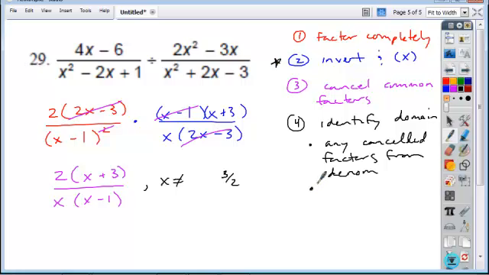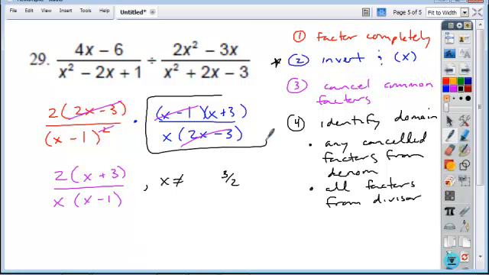And because we had this step, we started with a division. There's one additional domain restriction you have to identify, and that is all factors from the divisor. Because we inverted this second fraction when we multiplied, no factor in the numerator or denominator can equal 0, because if any of these factors equaled 0, our original expression would be undefined.